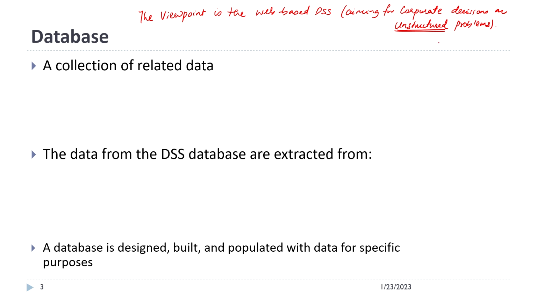So, for us we define database as a collection of related data. The critical thing is it is a collection, and what type of data? We do not just want to call it a collection of data, we call it a collection of related data. So, what are the important aspects of this?